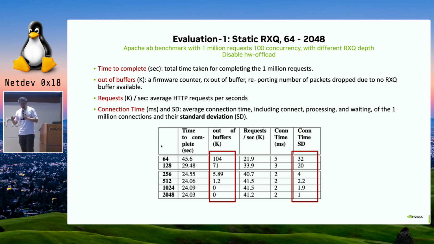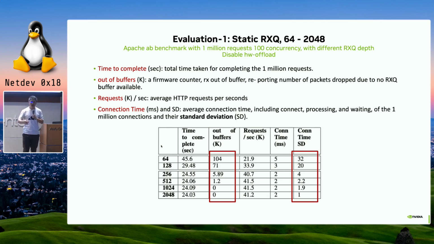The first result shows that the time to complete is pretty much the same after we have a 256 queue size. It's about 24 seconds. However, the out of buffer count is decreasing, which makes sense, because when we have only 64 queue depth, a lot of packets will be dropped because there's no buffer and we are not refilling the buffer fast enough.